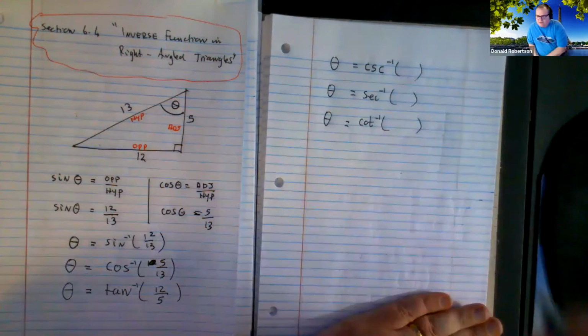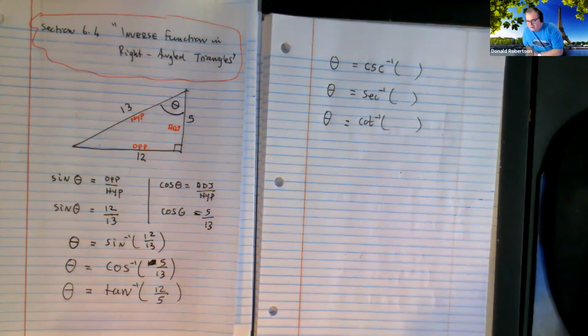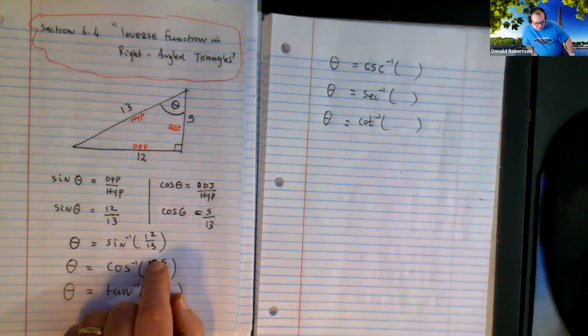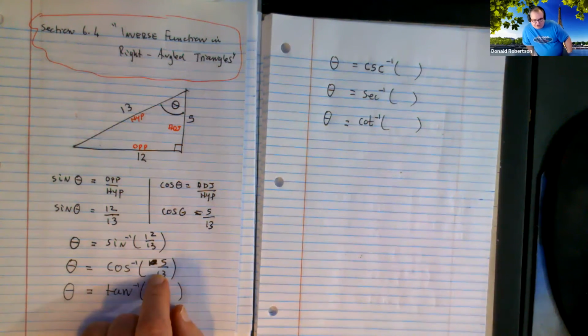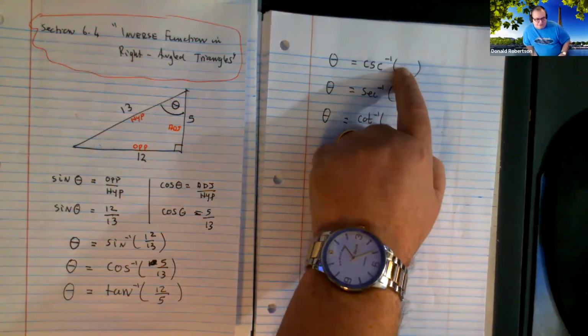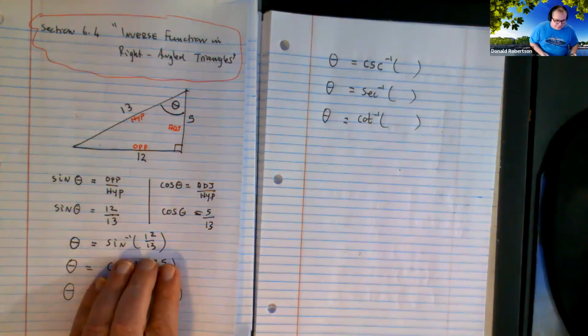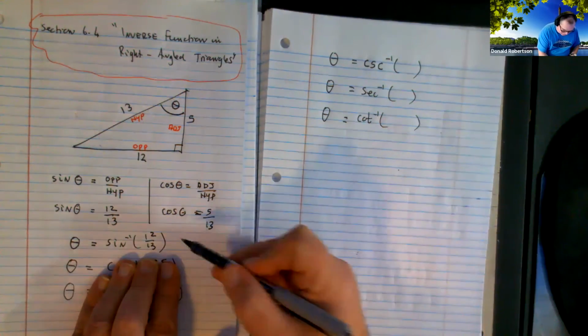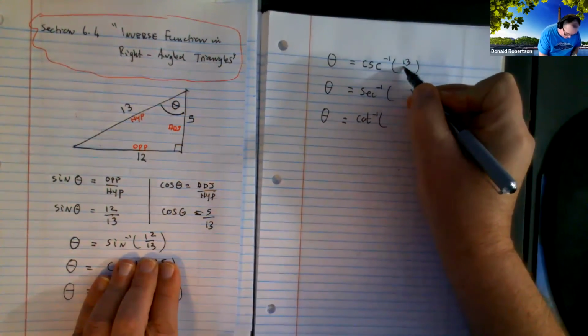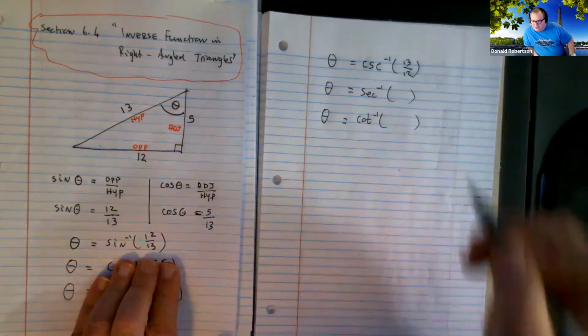Would you agree you probably never use those three, but they're there. So based on opposite over hypotenuse, adjacent over hypotenuse, and opposite over adjacent, couldn't you have a good guess at what these three fractions should be? So if the inverse sine of 12/13 gets you my angle, won't the inverse cosecant of 13/12 do the same job?